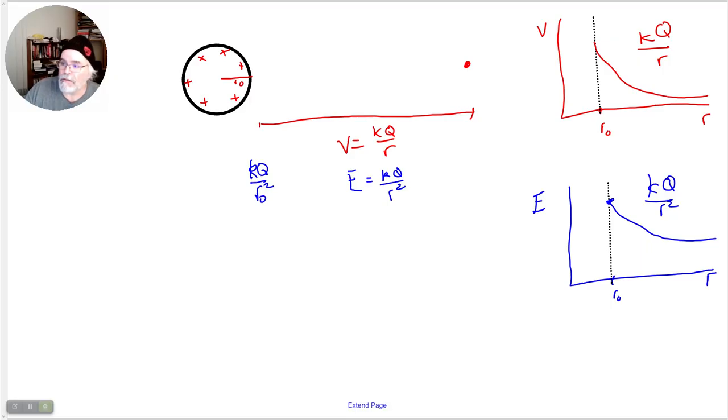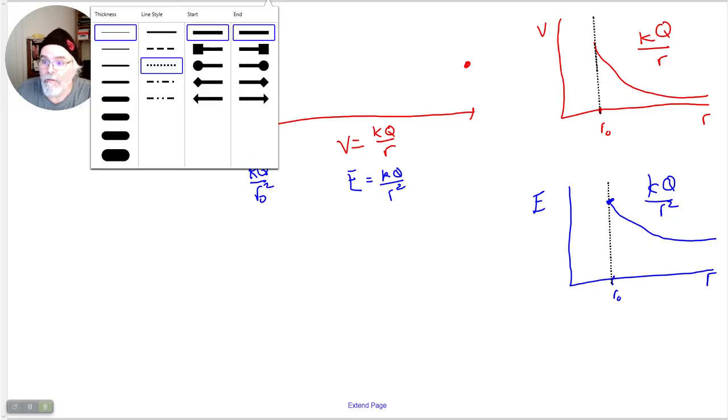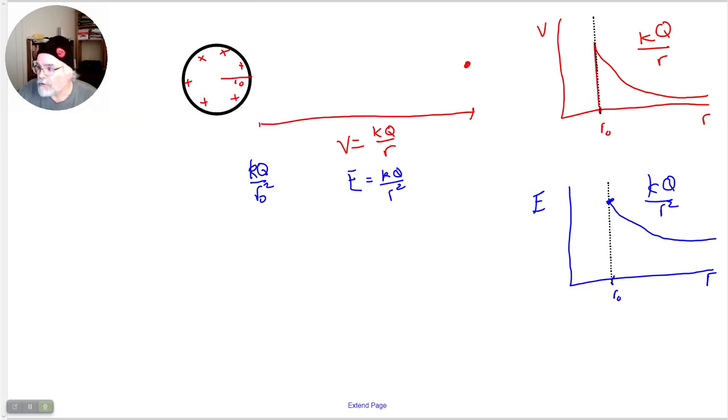And so that becomes, at the surface, that potential, maybe I should use the tool to draw a straight line, since my lines are not good. Let's go red. Let's go with a solid line. And there we go. The potential drops to 0.